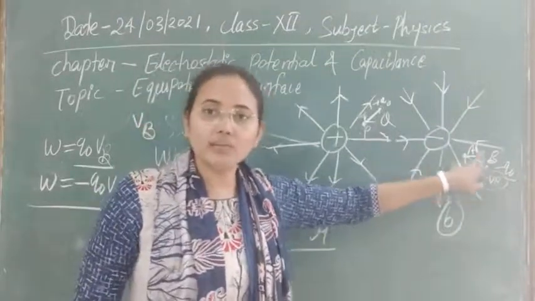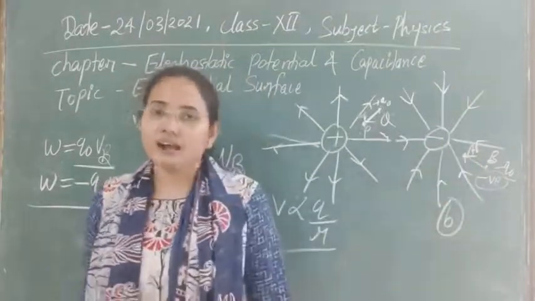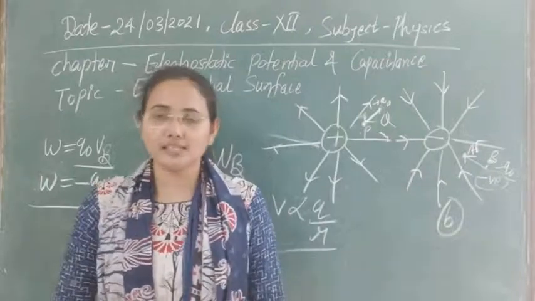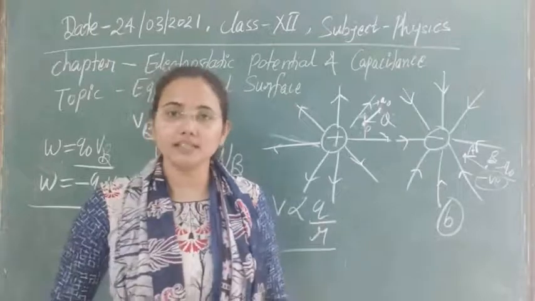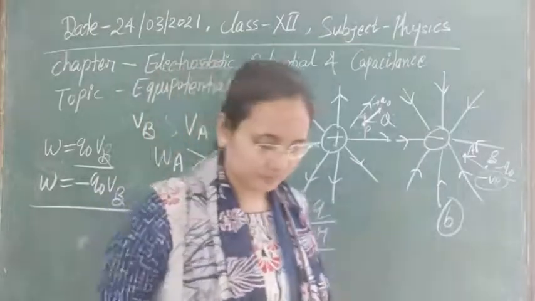So whenever we move any charge from B to A, we have to do some work by the external agency. That work will be positive, as we are supplying this energy by the external agency.